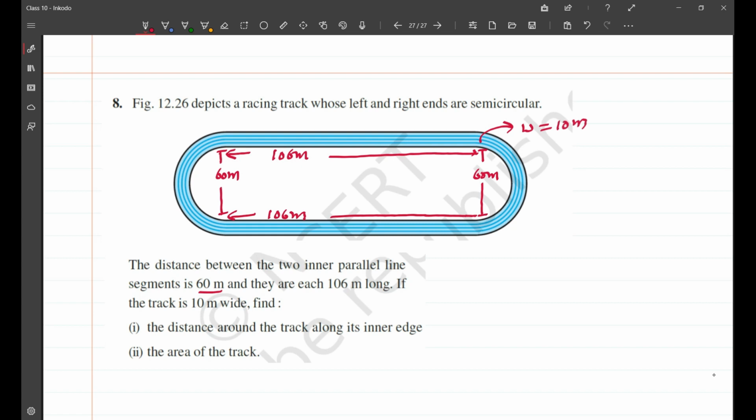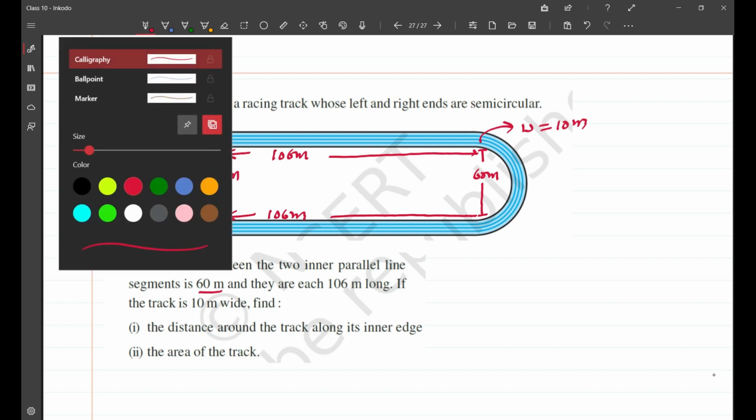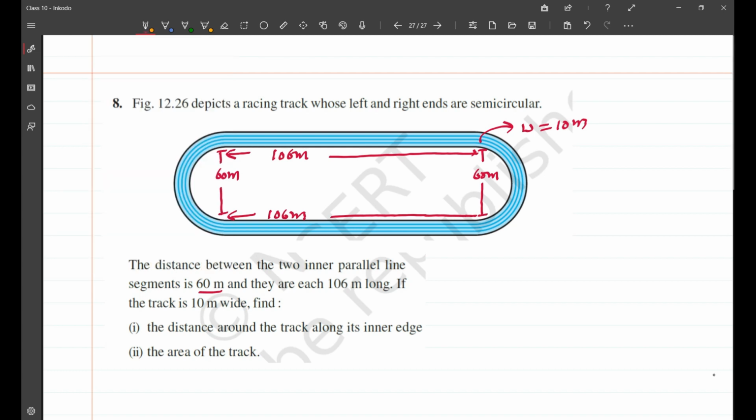Now let's see what they're asking in the first part. The distance around the track along its inner edge. So simple. If you observe carefully, there are two semicircular ends. I will use a different color here, orange, for both the semicircles, and here also.